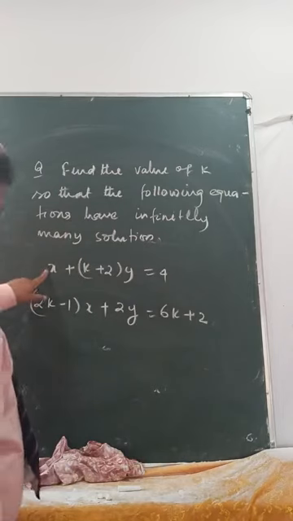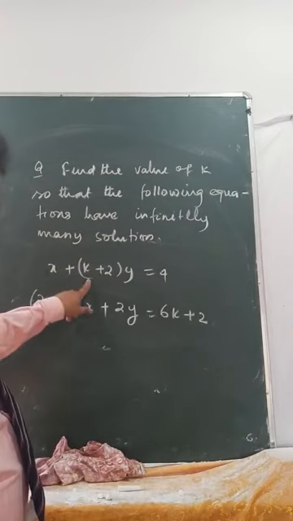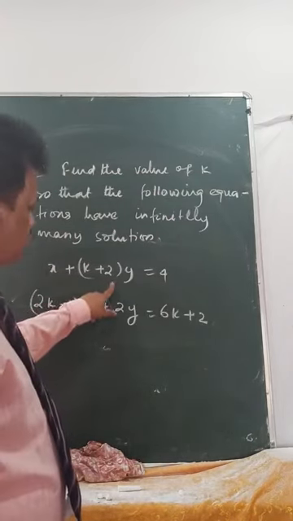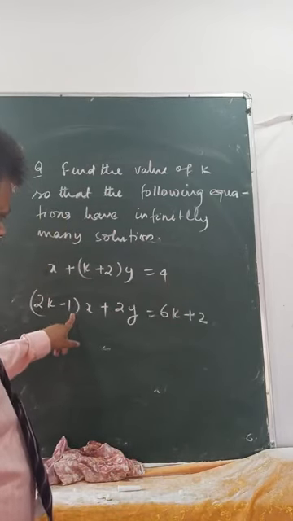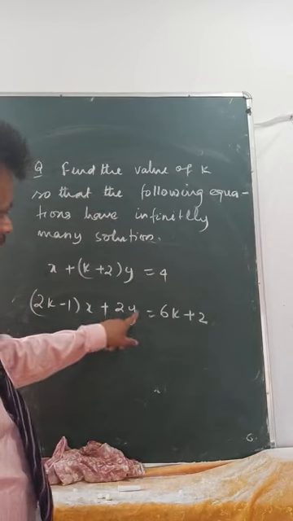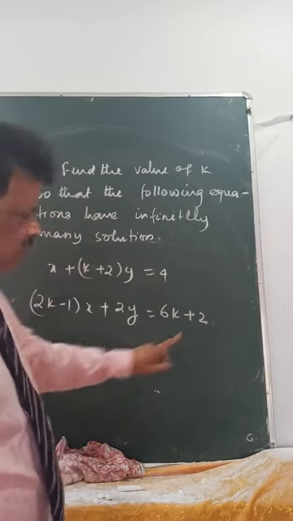Look, A1 is 1, B1 is k + 2, C1 is 4. A2 is 2k - 1, B2 is 2, C2 is 6k + 2.